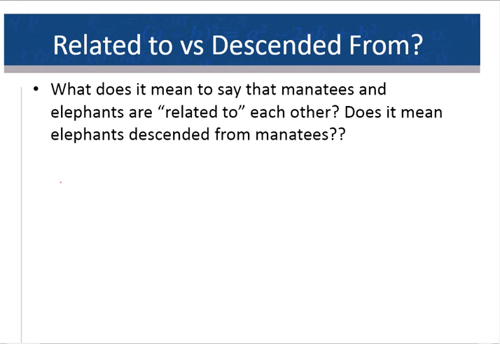So we could draw a little evolutionary diagram that shows me and my brother, and we have my parents, my dad and my mom, as our direct ancestors. So we have common ancestors, my parents, and the reason we look so much more alike than we do like anybody else, because we inherited DNA from our parents that is identical.